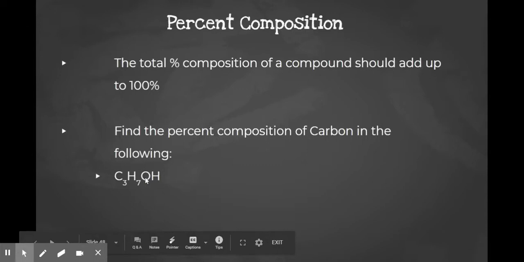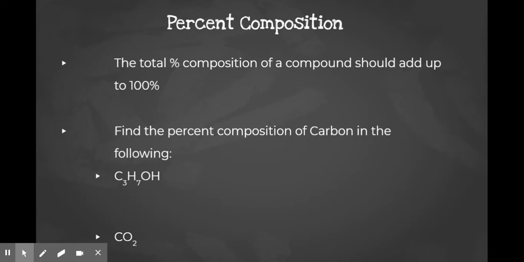So in order to find the percent composition, we have to do two things. First, we have to find the mass of just the carbon. If you look on your periodic table, the mass of one atom of carbon is 12.